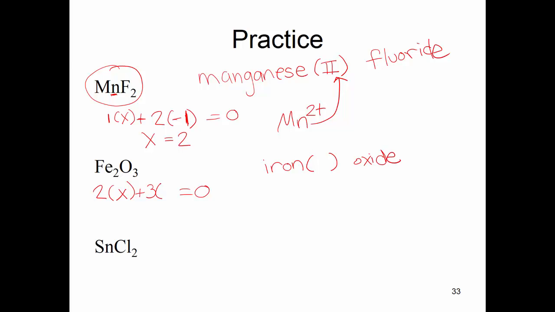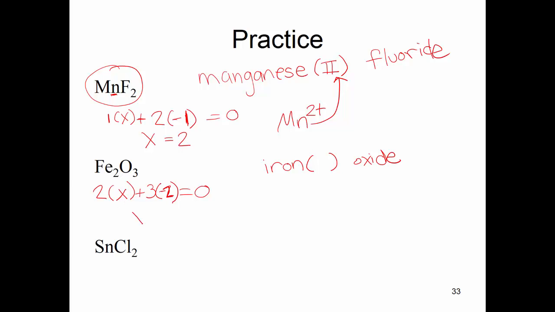And I'm ending in oxide since I have oxygen. If we look at the periodic table, oxygen is in group 6, meaning it has a -2 ionic charge always, because it wants to gain 2 electrons to have 8.